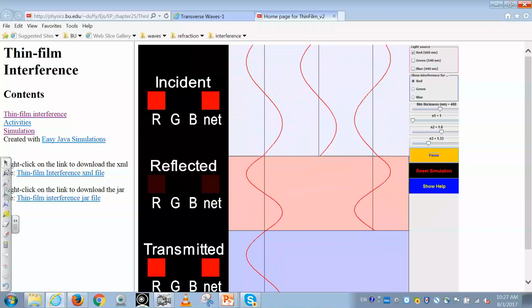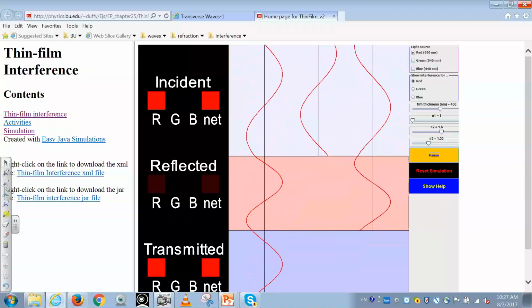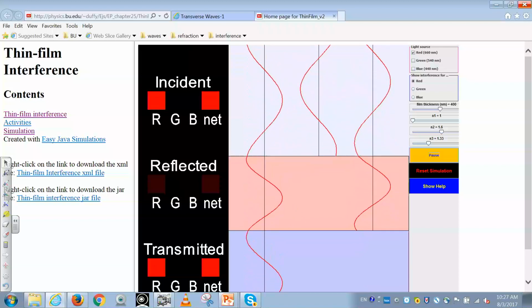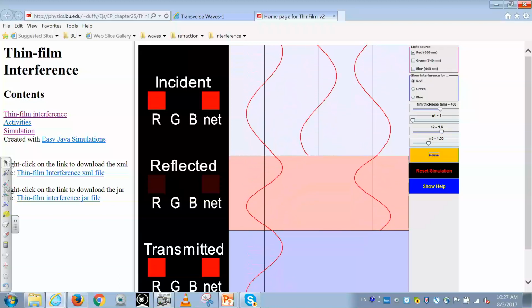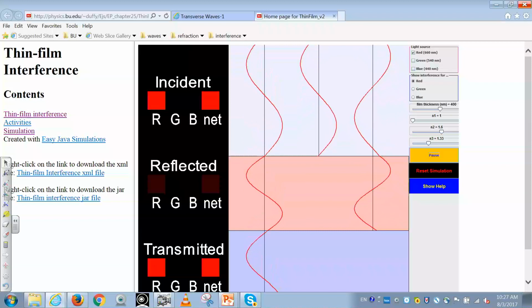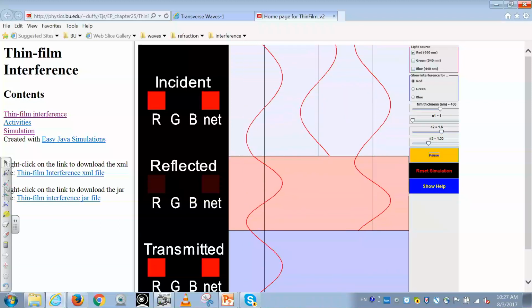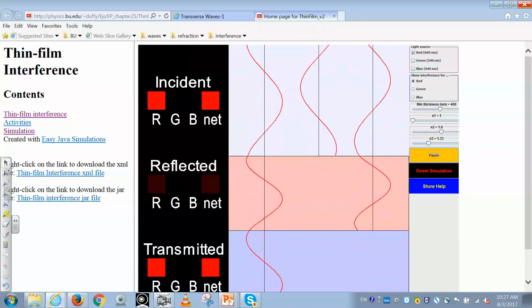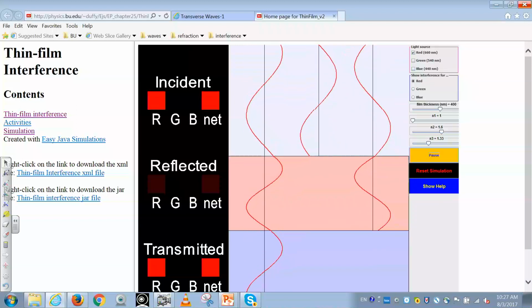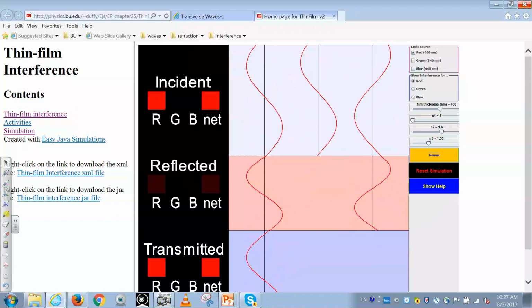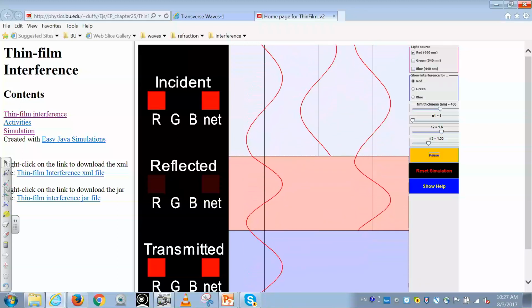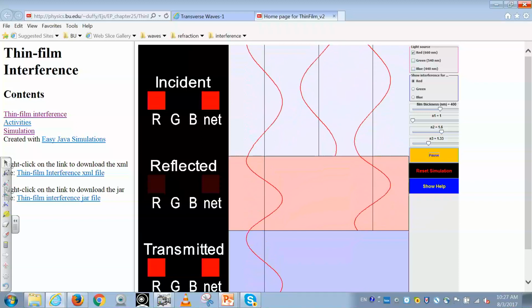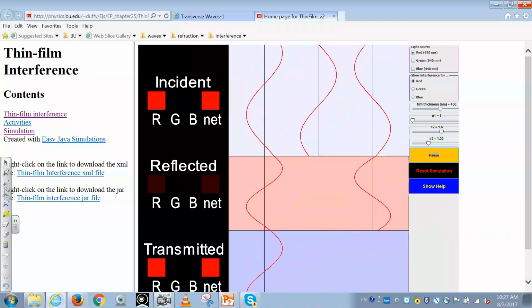Something in between is not interesting. We ignore that. We only have to talk about two cases. When would constructive interference happen and bright light be reflected up to our eye, or when would destructive interference happen and no light be reflected, which would mean actually it all travels through. That's when we use a film to actually amplify a certain color to travel through this device.